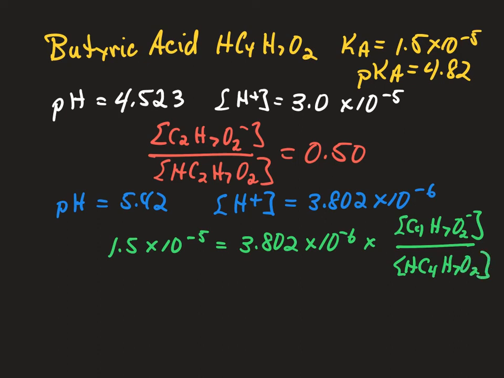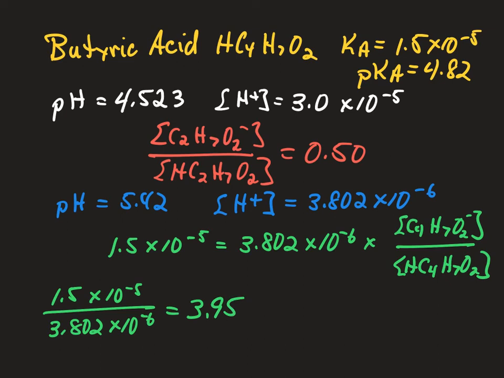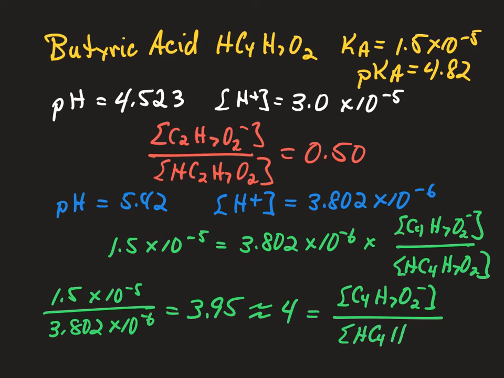So we get 1.5 times 10 to the minus 5 divided by 3.802 times 10 to the minus 6, and we get 3.95. And we'll make that approximately 4, as being equal to the concentration of butyrate ion divided by the concentration of undissociated butyric acid.